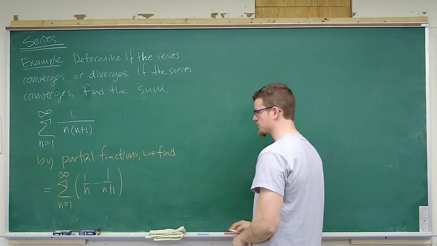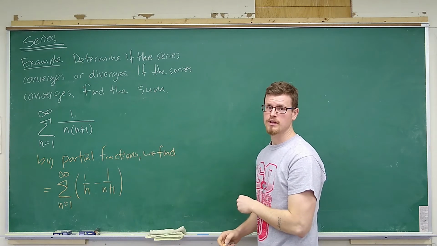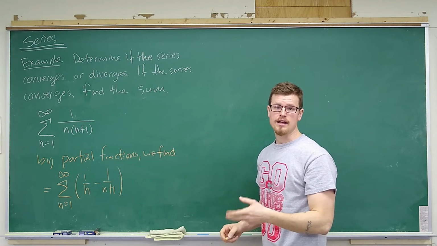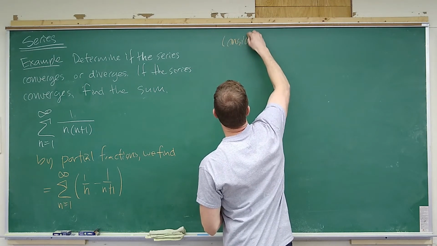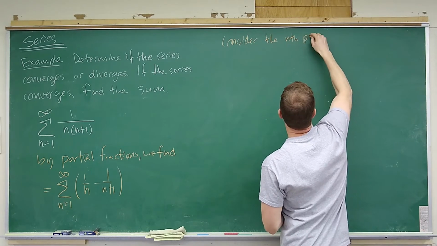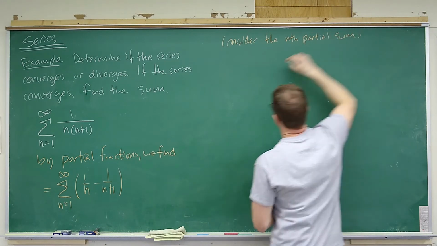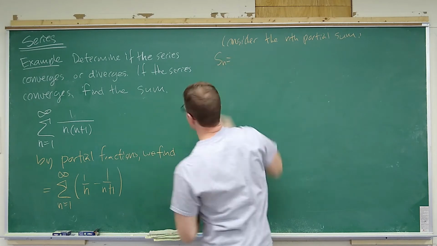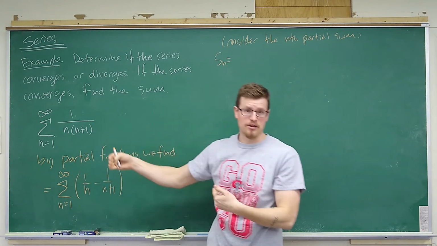All right. So I have this representation of our series. What I'd like to take a look at is the nth partial sum. So consider the nth partial sum. Now the nth partial sum is simply the sum of the terms, the first term through the nth term.